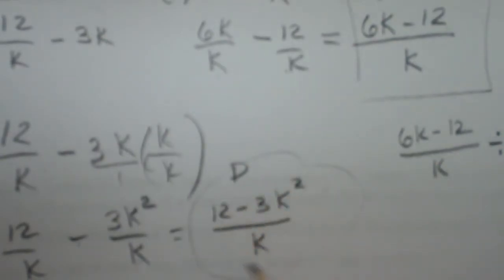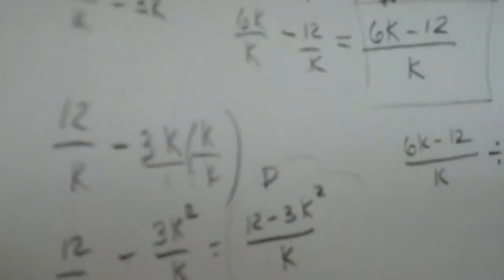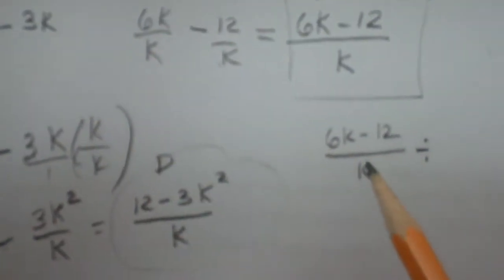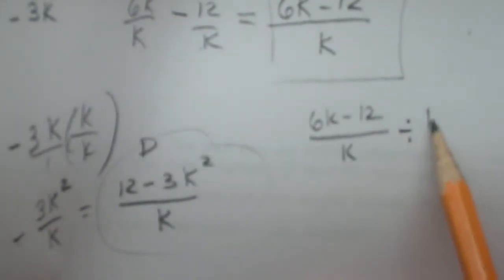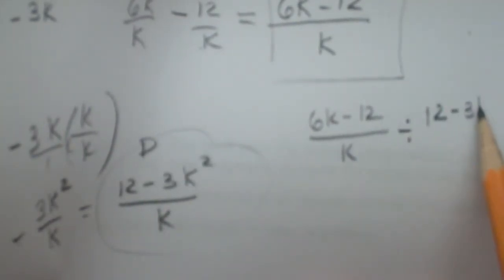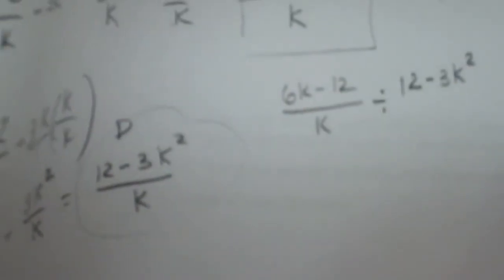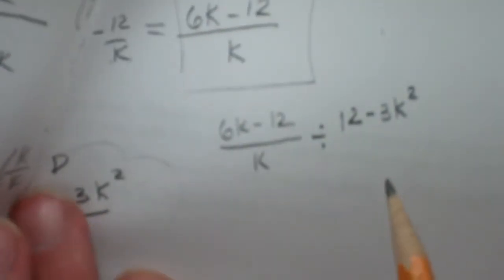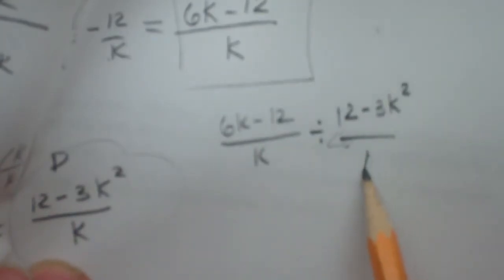That's 12 minus 3k squared over k. I'll write it out right here. Right? Can we see that?